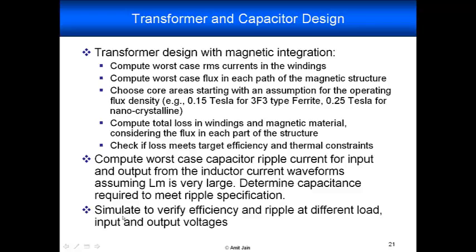Finally, you should confirm your efficiency and ripple by simulating the entire circuit with known values of the switch resistance, switch capacitance, transformer parameters as designed, and some estimate for the transformer intra-winding capacitances also.